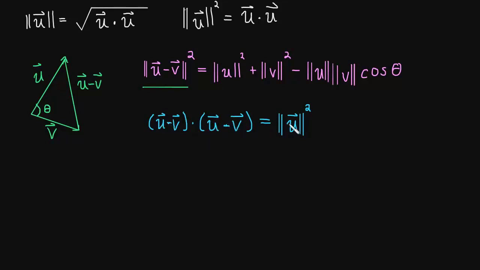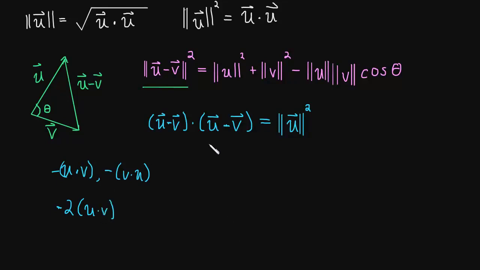So u dotted with minus v, that's minus u dot v. And then we have minus v dot u. But like I just said, the dot product is commutative, so when we add those two together, we just get minus 2 u dot v.